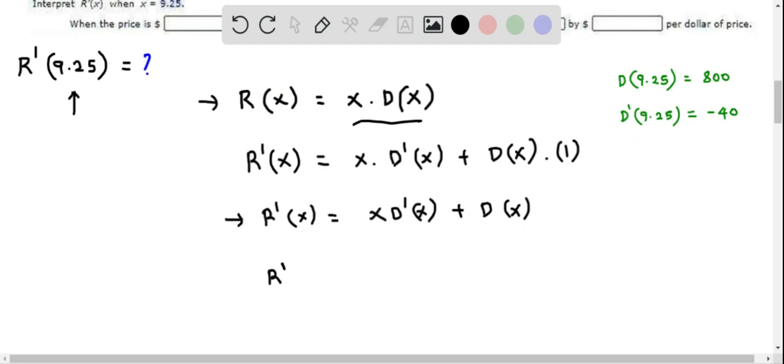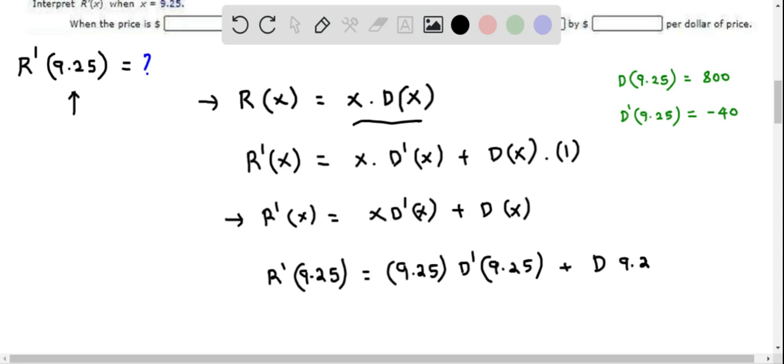And so therefore we get R prime of 9.25 equals, replace all x by 9.25. So it is 9.25 times D prime of 9.25 plus D of 9.25. We will utilize the D prime of 9.25 and D of 9.25 from part A.